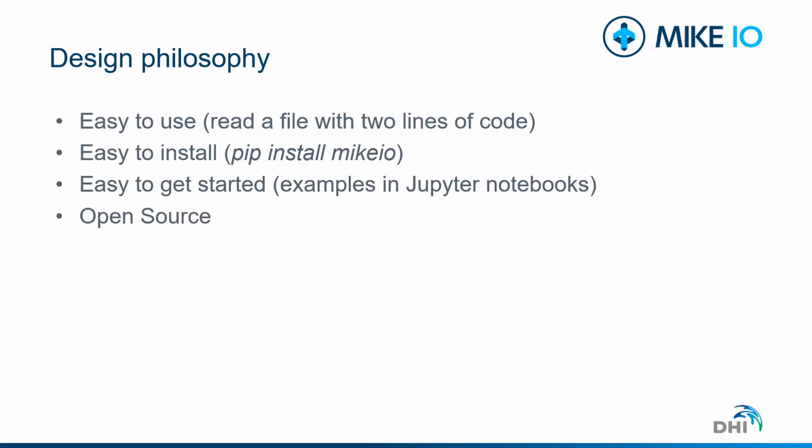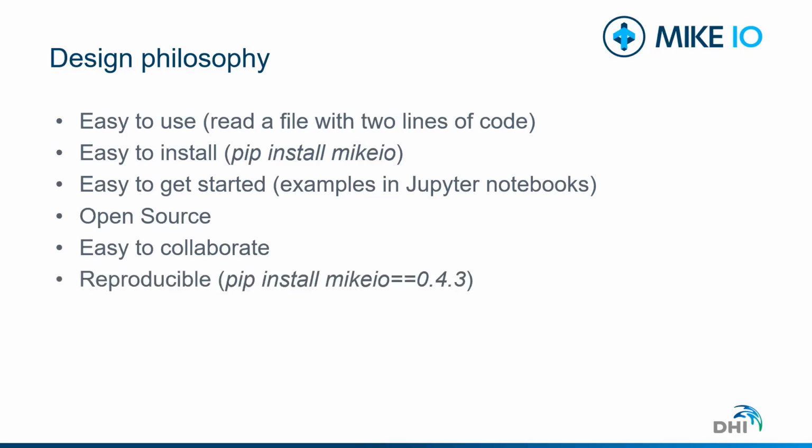It's open source, so contributions are welcome, and we will get back to this later. It should be easy to collaborate, and that's why we have it on GitHub, and we'll also get back to that. It should be reproducible.